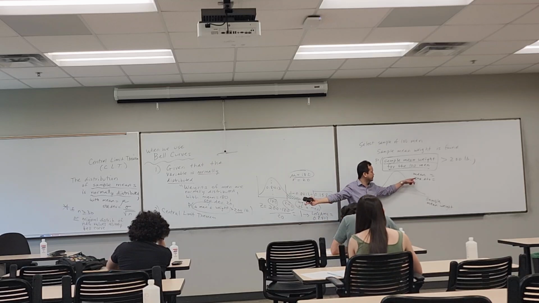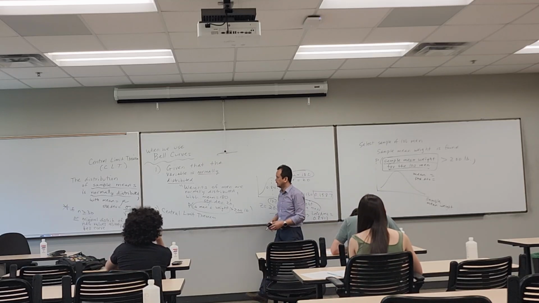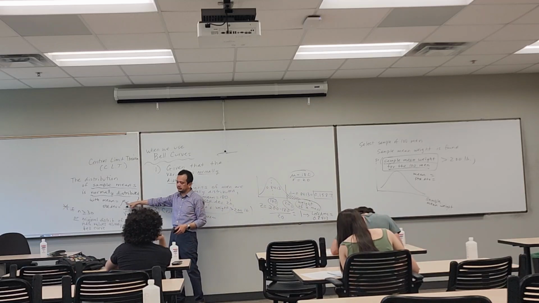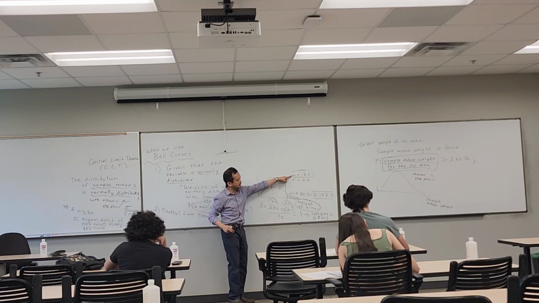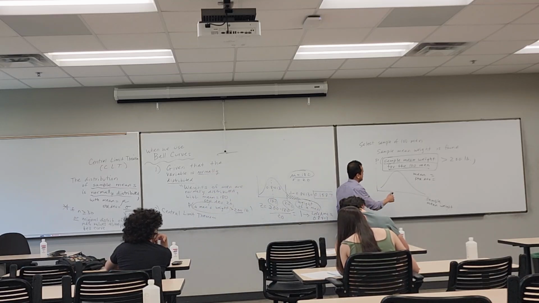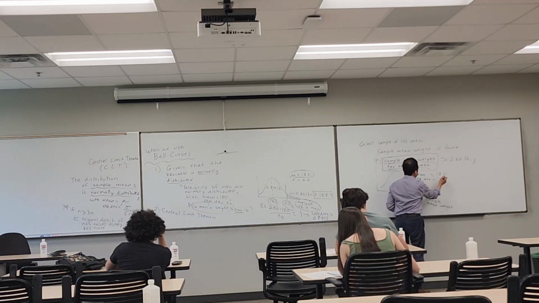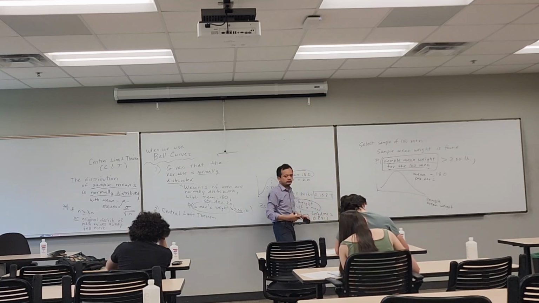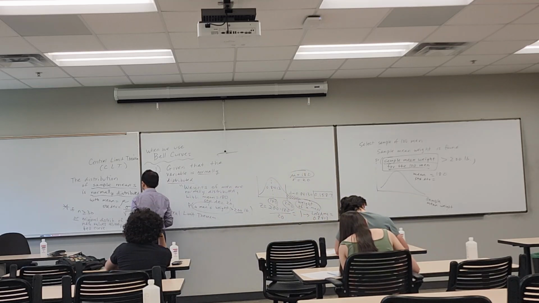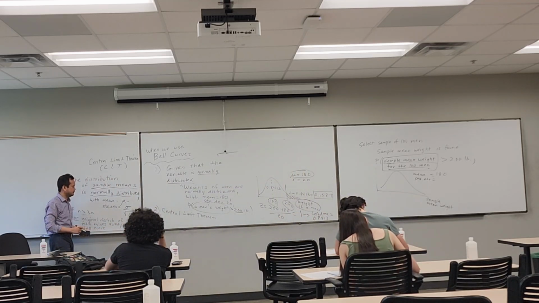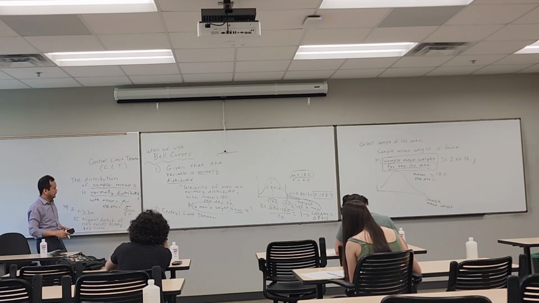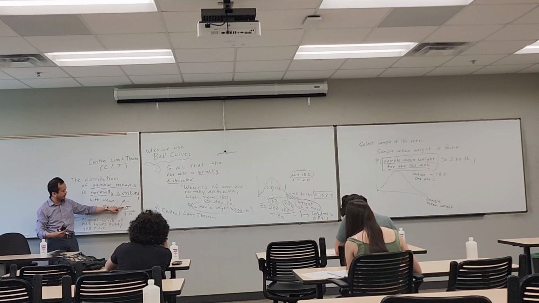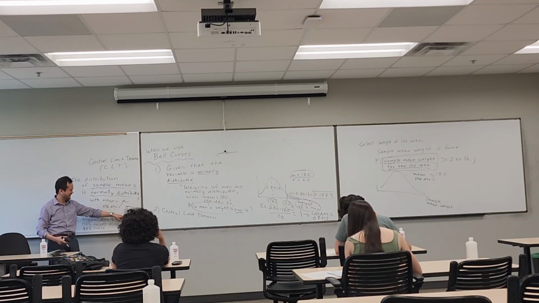So what does the central limit theorem tell us that the new mean is? Yeah, it tells us that it's equal to the original mean. And the original mean of the distribution is 180 pounds. But what does the central limit theorem tell us that the standard deviation is? Standard deviation divided by... Yeah, it's going to be the original standard deviation divided by the square root of the sample size.